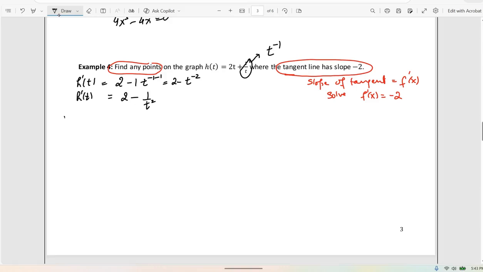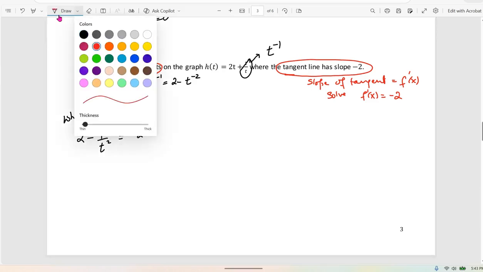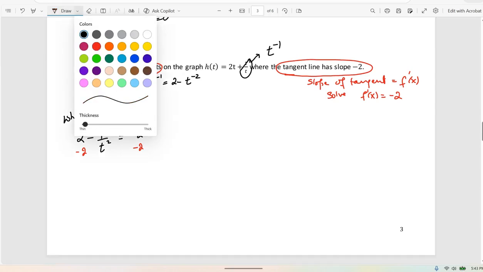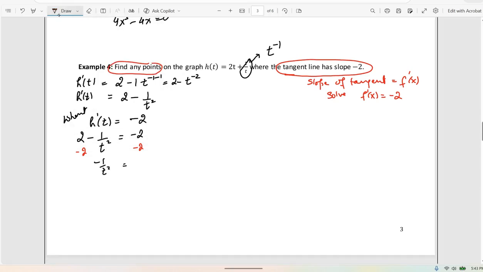We need to find when h prime t is -2. We know h prime is 2 minus 1 by t square, equal to -2. So we subtract 2 on both sides. We will get -1 by t square equal to -4.